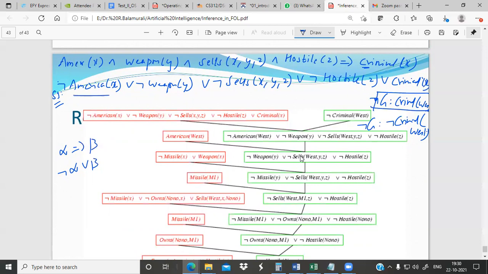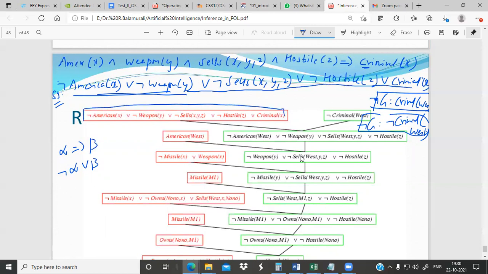So we take this original statement, and to that we add the negated goal. The original statement is: not American of x, not weapon of y, not sells of x, y, z, not hostile of z, and criminal of x. Then we take not criminal of West, that is, West is not a criminal, because we want to prove it by contradiction.